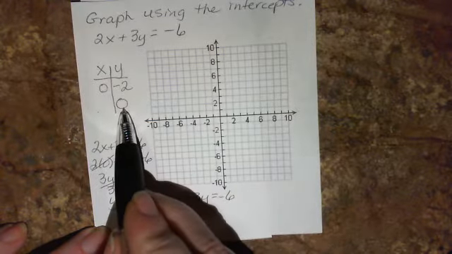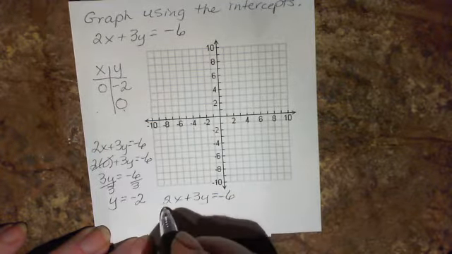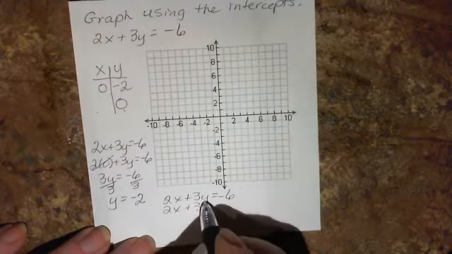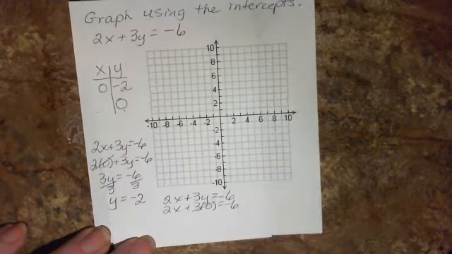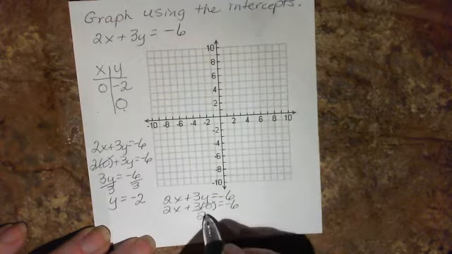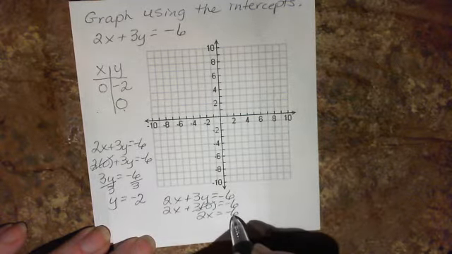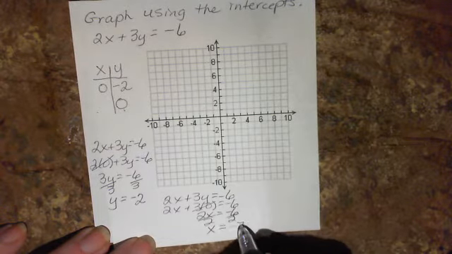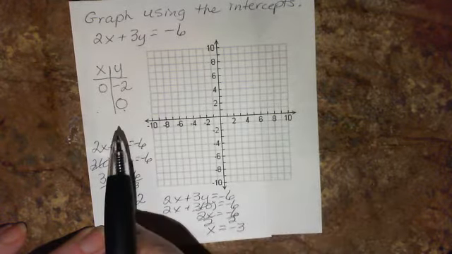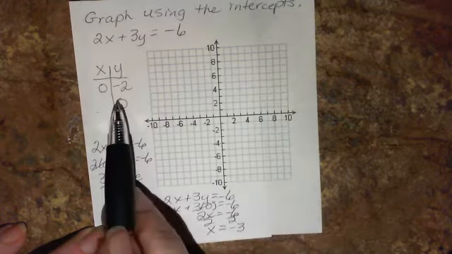Remember, this time we're going to replace y with 0. 2x plus 3 times 0 equals -6. Well, 3 times 0 is 0, so we're left with 2x equals -6. Divide by 2, x equals -3. So when y is 0, we get -3 for x.